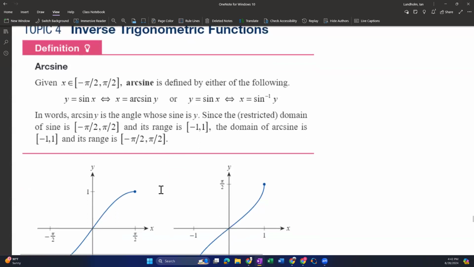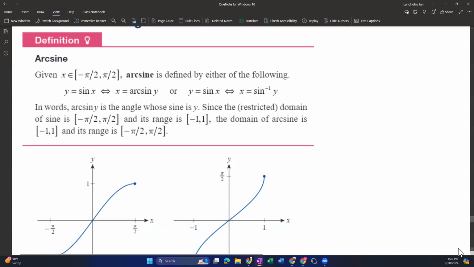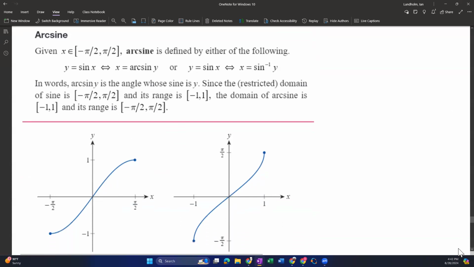There are some special considerations here when we look at arcsine in terms of the domain that we should use. Our goal for choosing a domain for sine would be looking at this graph and trying to pick a portion of sine that goes all the way from its minimum y value all the way up to its maximum y value. And since sine is an odd function, it's centered about the origin.